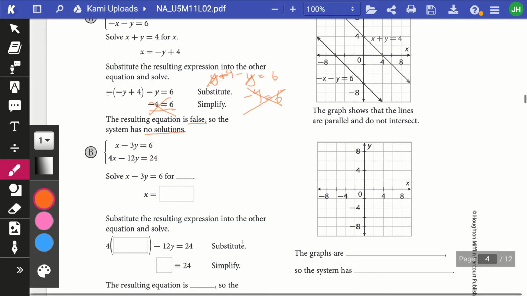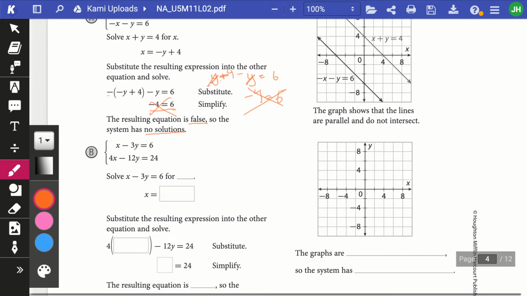Okay? Now the other possibility is this one. x equals 3y plus 6, right? Because we added 3y to both sides. So then we're going to put that in, x minus 3y equals 6.